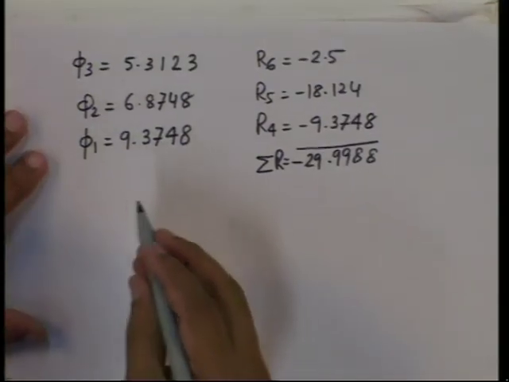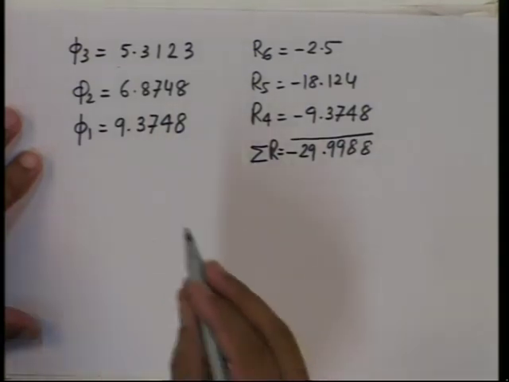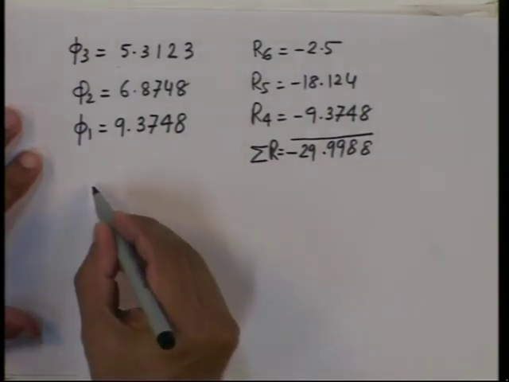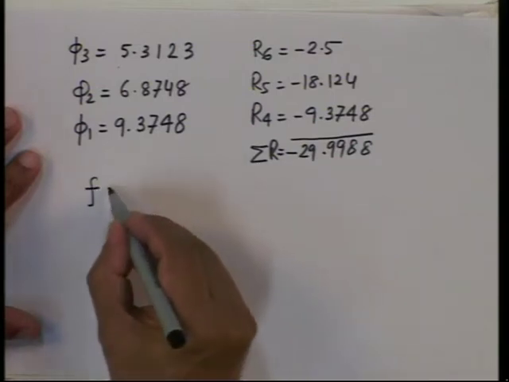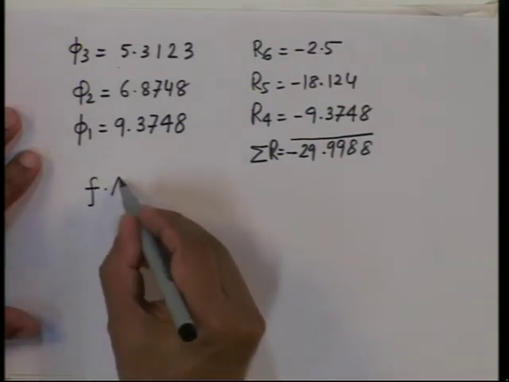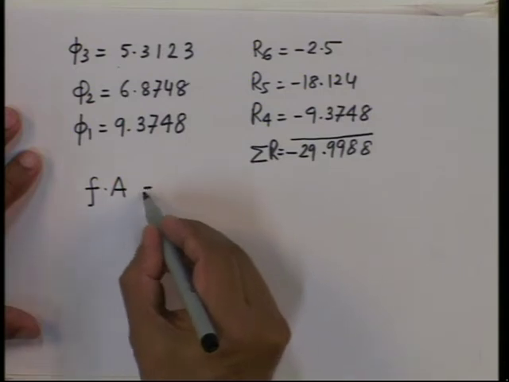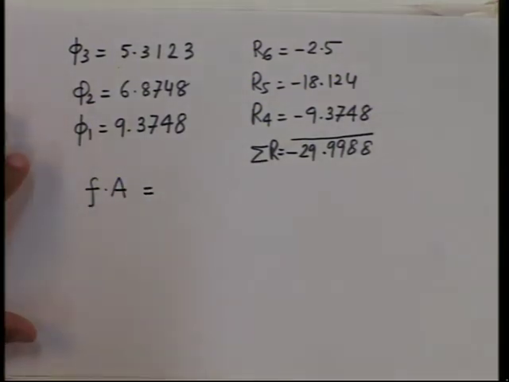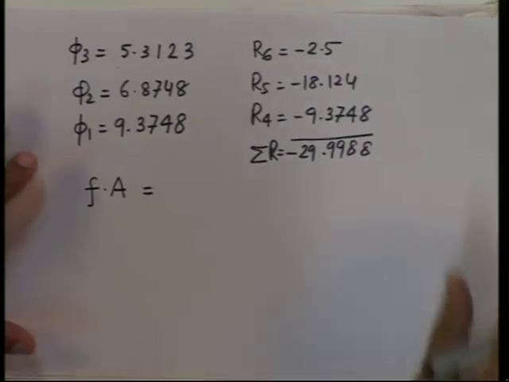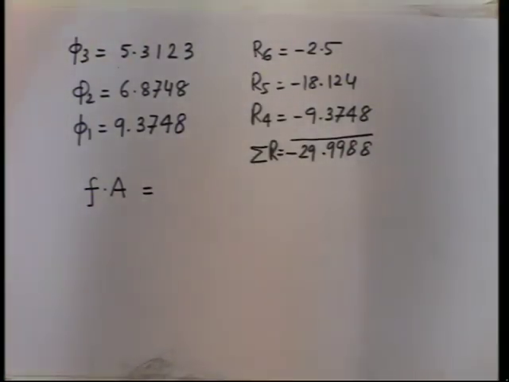And if you take F, what is the value of F? F times the area is how much? What is F in this problem? 2 or 2.5?